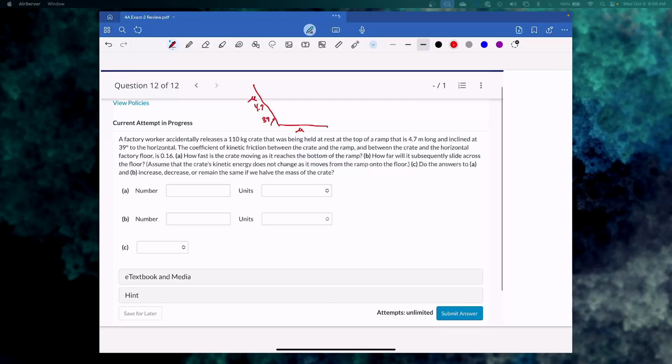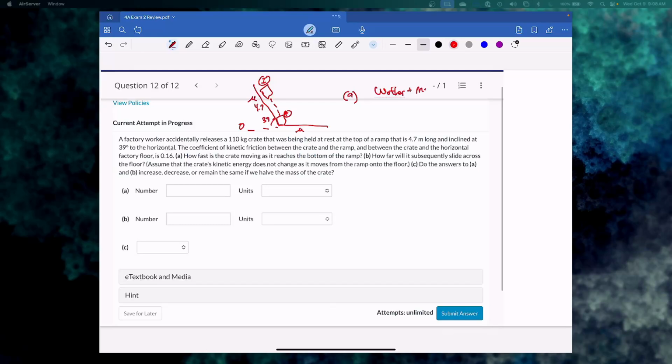No fun. Okay, so part A, how fast is it going? So my initial point is with it right there. My final point will be when it gets to the bottom. And I'll set 0 to be down there at the floor. So is there work other? Yep. Is there energy initial?